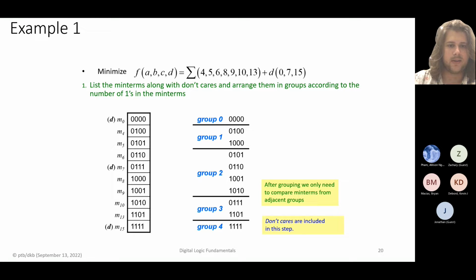The 11 isn't. The 12 isn't. 13's on this list. The 14 isn't. And the 15's don't care. So if this were to be converted from the sum of products to the product of sums, you would do that, and then you include the original don't cares. So if you had it in a pi instead of a sigma, that's how you convert between the two. This is a good question.